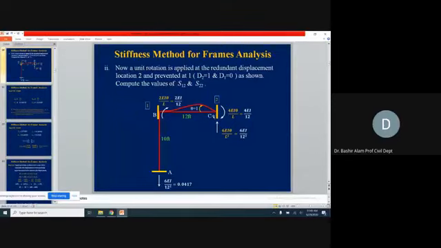Now this 2 coordinate corresponds to D2, and it becomes the near end. Why near end? Because we are applying rotation here. So 4EI theta over L will be the moment generated here. How much is L? L is 12, so 4EI over 12. This becomes our far end, so in the same clockwise direction, 2EI over 12, half of this moment, is applied. And what will be the balancing couple? It will be 6EI theta divided by L square.